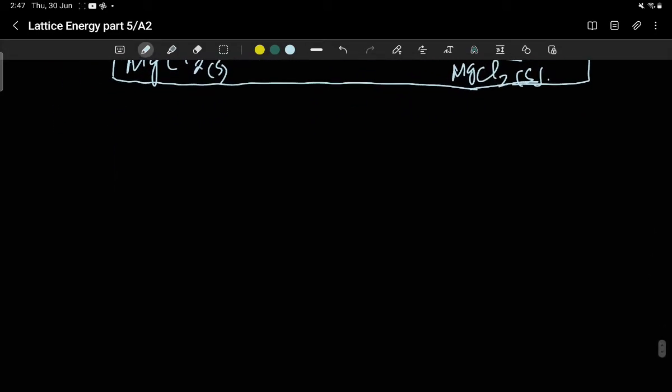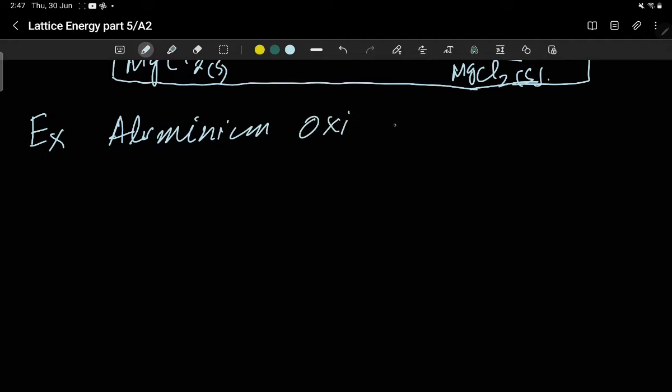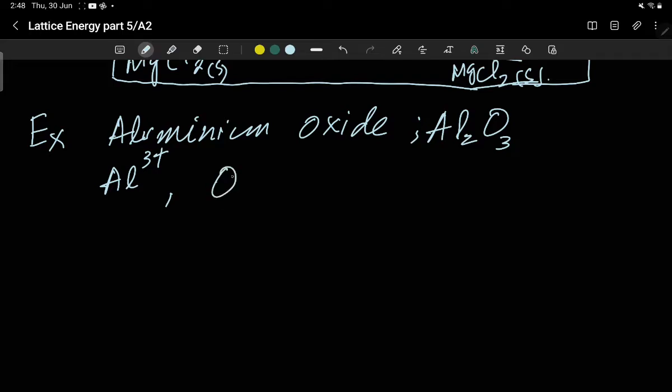Now there is another example, that is aluminum oxide. And we know that aluminum carries 3 positive charges and oxygen carries 2 negative charges.